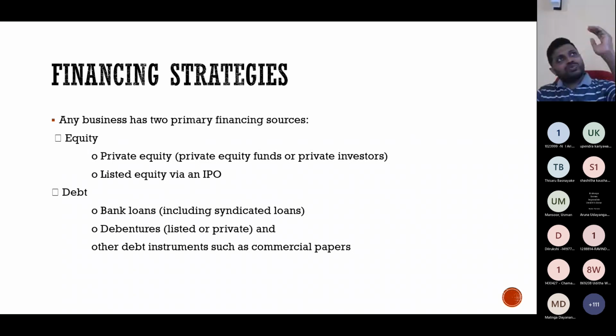What is the flow? First, you have to identify the options. You have to evaluate the options, right? Sometimes cash flows and all. Then you have to evaluate, if the option is possible, what are the suitable financing strategies for the entity.